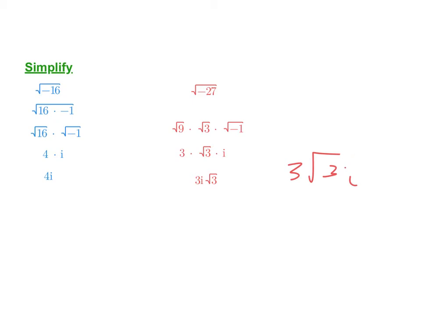So to avoid any sense of confusion at all, we just take it and put it in front, and then there's no doubt that that i is not under the radical. Now, there'll be times when they say, put it in a plus bi form, and this is not a plus bi form. So when you do it this way in a plus bi form, here's what it looks like. You got to have the 0 to be in a plus bi form, and notice how I sort of put some extra space in here, so that it's really clear that the radical ends and the i is outside of it.